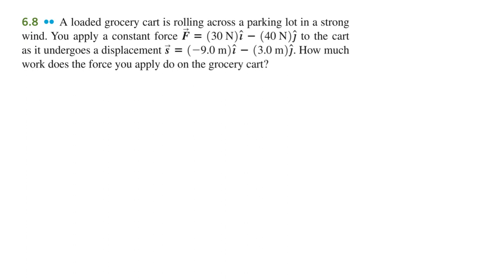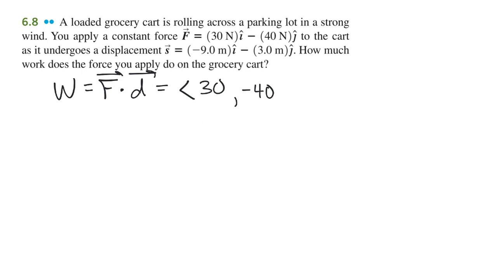So our definition here is work equals force dot distance. We can write these vectors. I'm going to use the bracket notation because I like it. It's 30 in the I direction and negative 40 in the J direction.